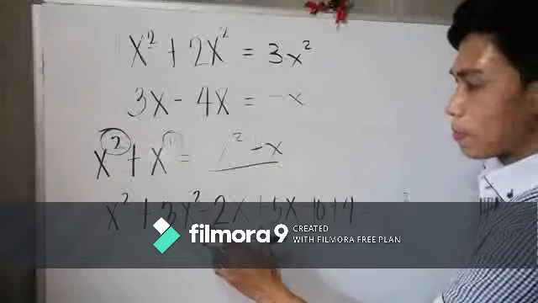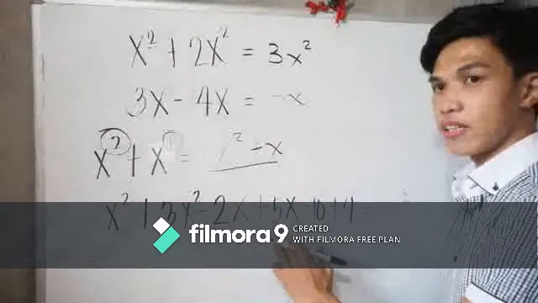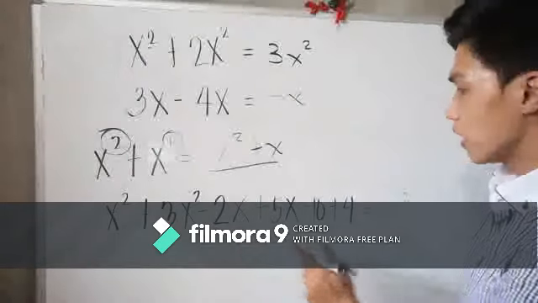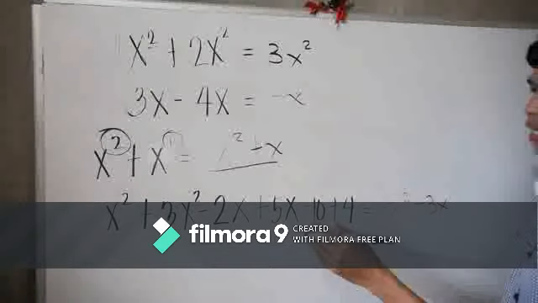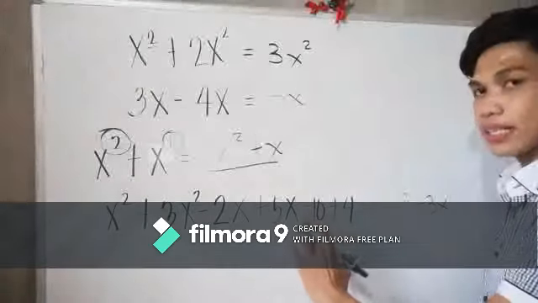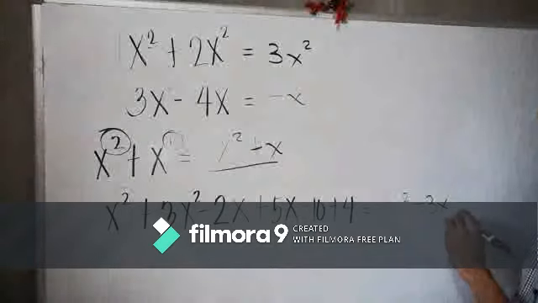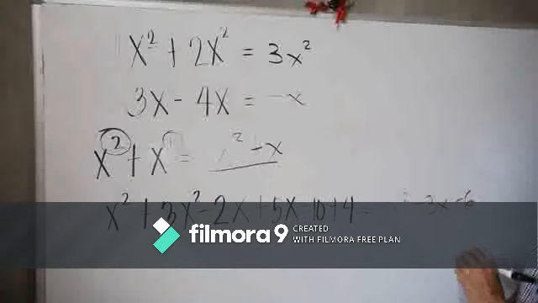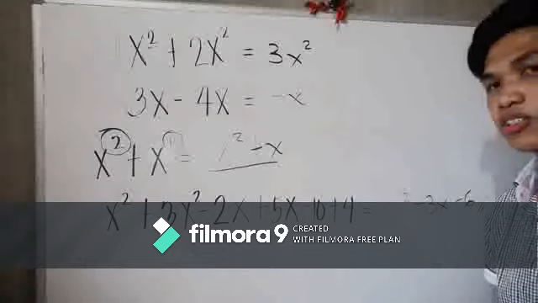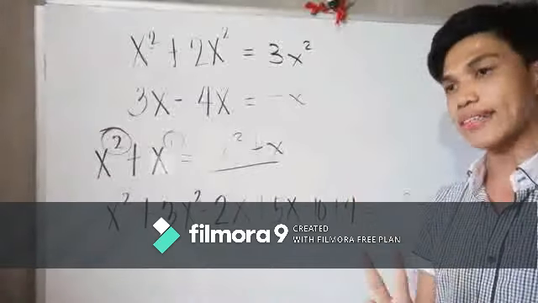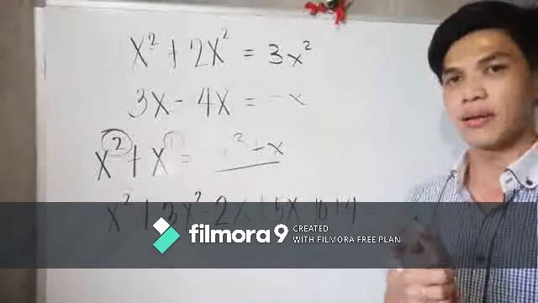Next, negative 2x plus 5x would be plus 3x. Then the other one, negative 10 plus 4, would be negative 6. So the final answer for this is 4x squared plus 3x minus 6. That will be the scenario for the last two items for our learning task number 1.